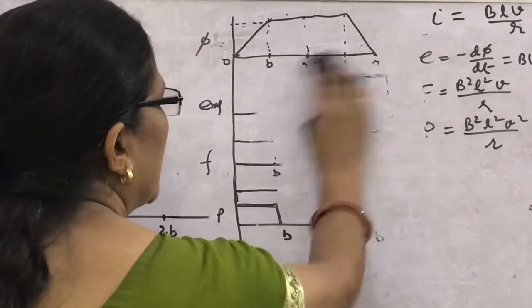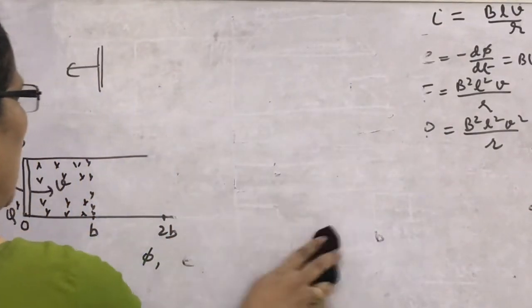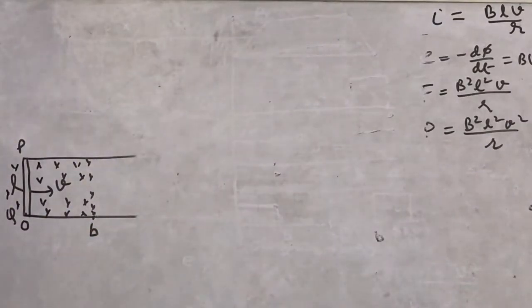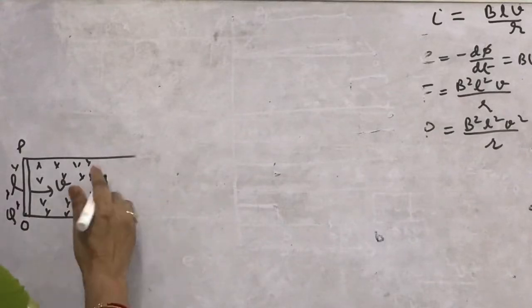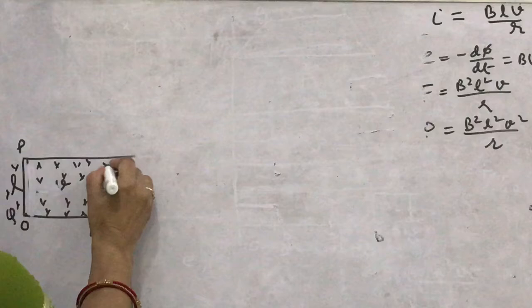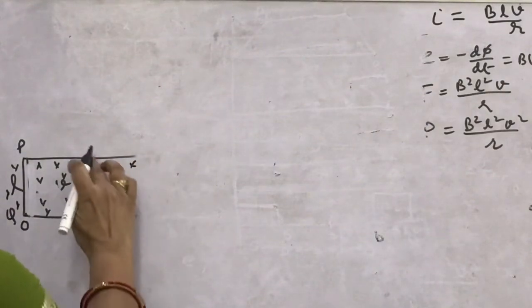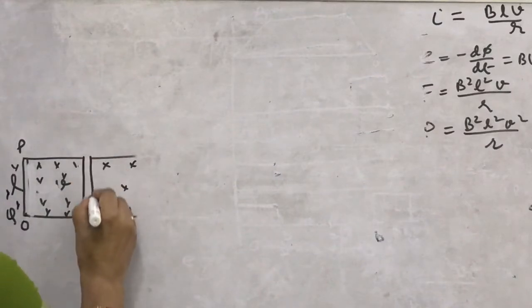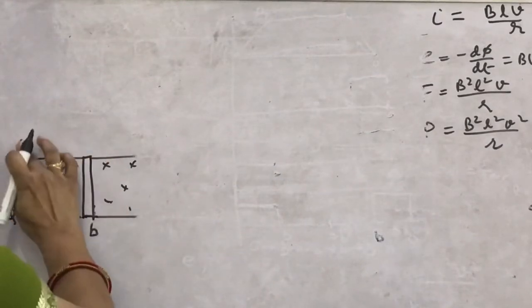Now, in the next question I am saying that the rod is moving with constant velocity in the uniform magnetic field. Suppose this is the rod and it is moving on the conducting frame.